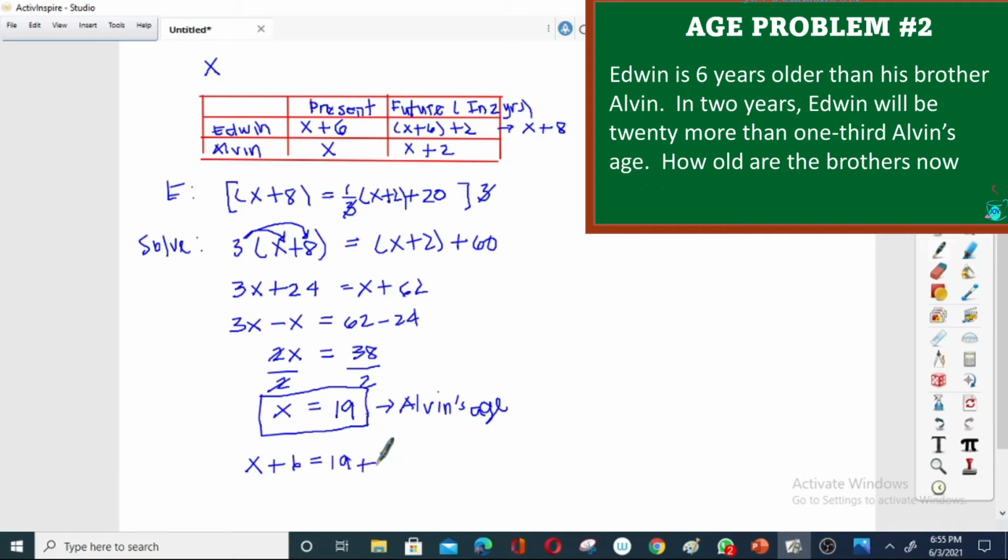Since he is older than Alvin, his age in 2 years is 19 plus 6 is 25. So this is Edwin's age in 2 years. Okay, so that's it.